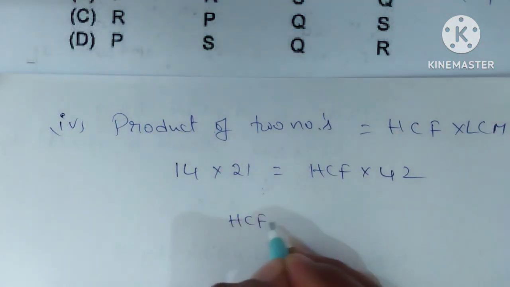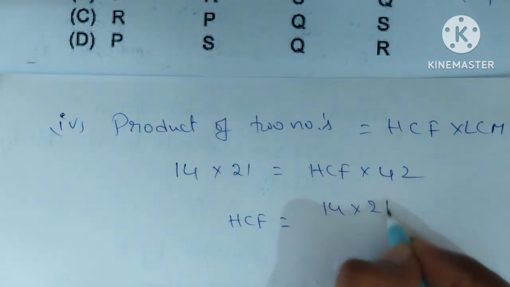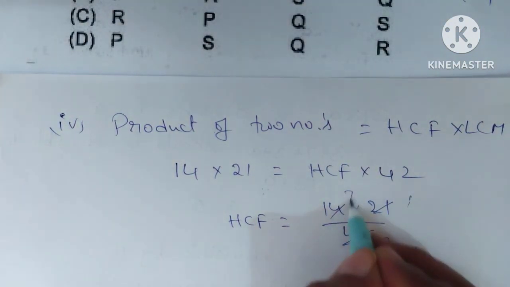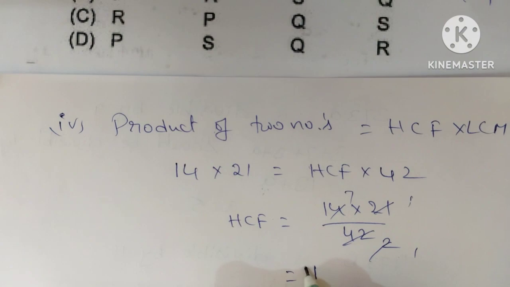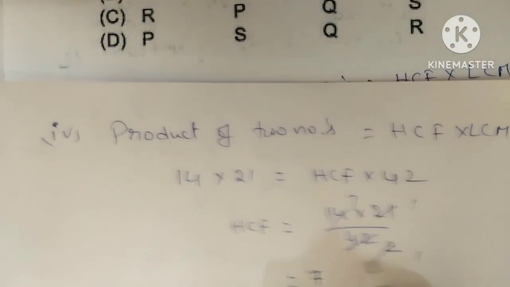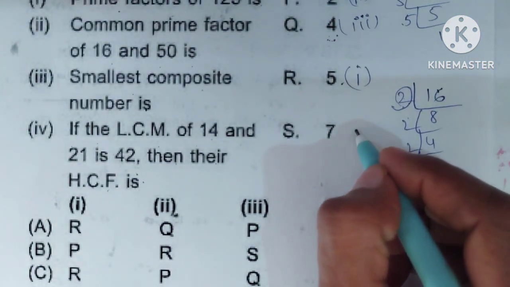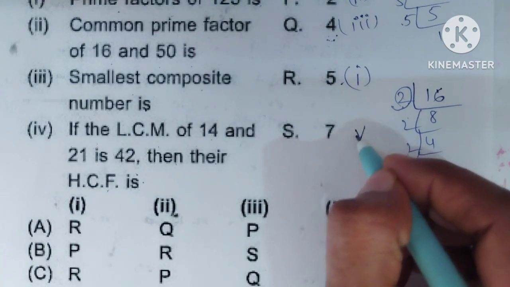So HCF equal to 14 into 21 by 42. 21 ones are 21, 21 twos are 42, 2 ones are 2, 2 sevens are 14. So the HCF is 7. So this is the fourth one.